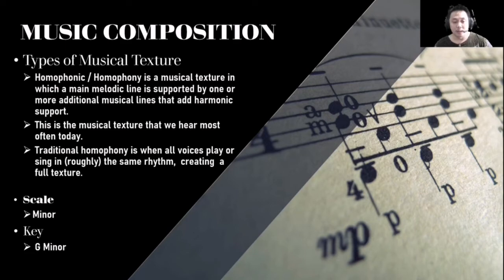It is also the musical texture that we hear most often today. The traditional homophony is when all voices play or sing in roughly the same rhythm at the same time, and it creates a full texture. The scale is minor and the key is G minor.